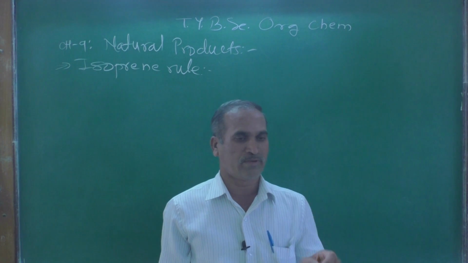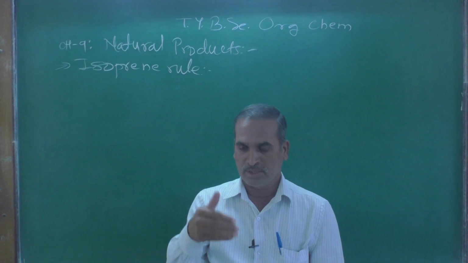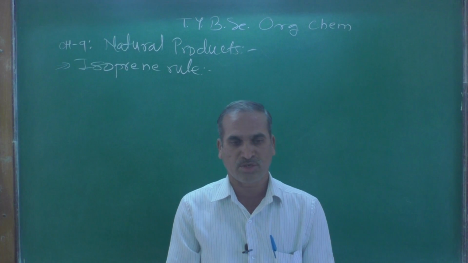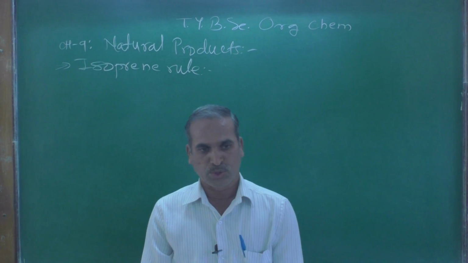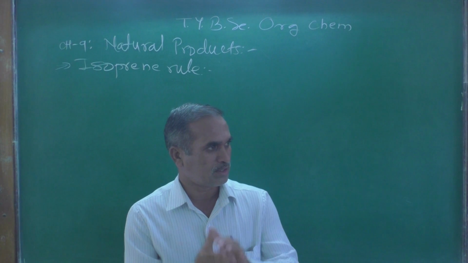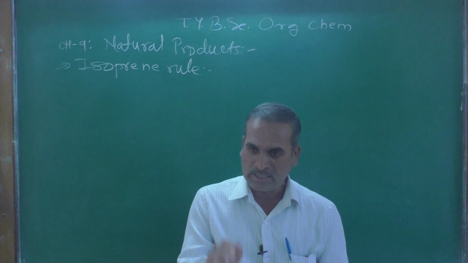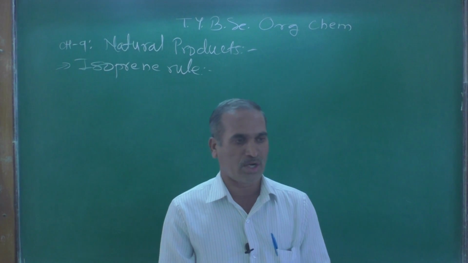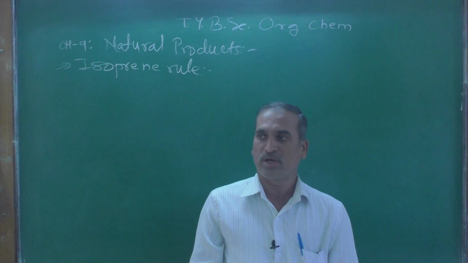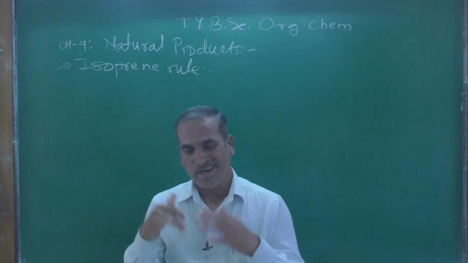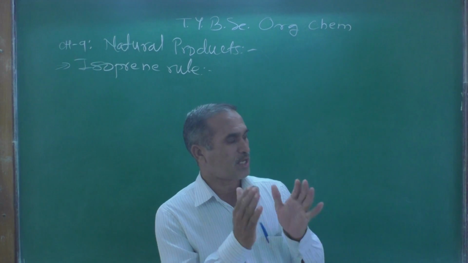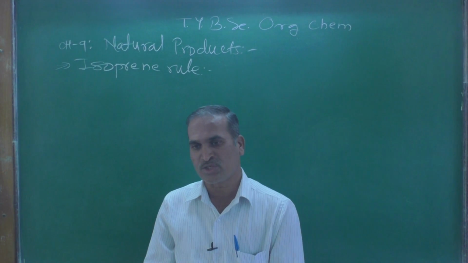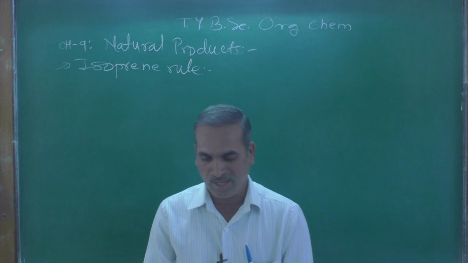I think we were discussing the natural product, the classification of the terpenoids. Terpenoid is one of the natural products, and it is mainly classified on the basis of three levels.